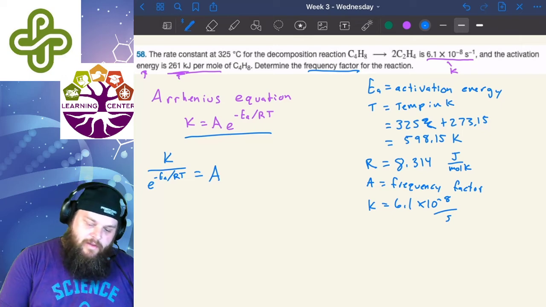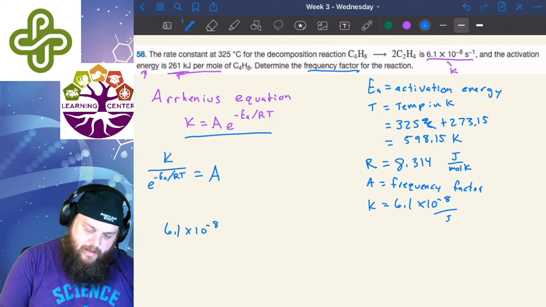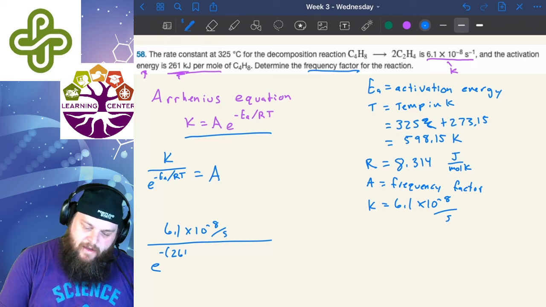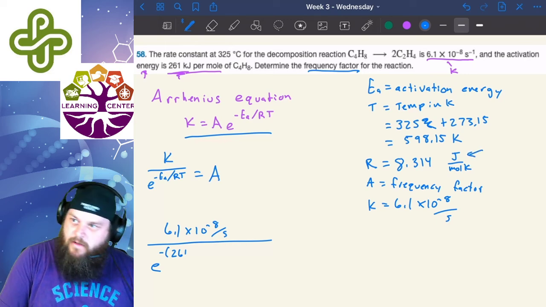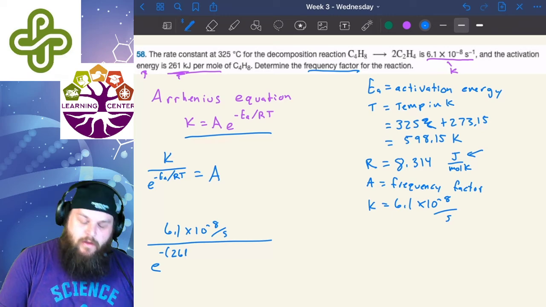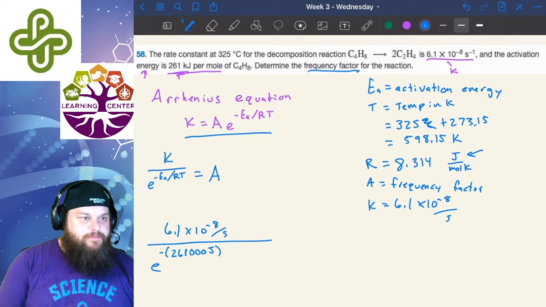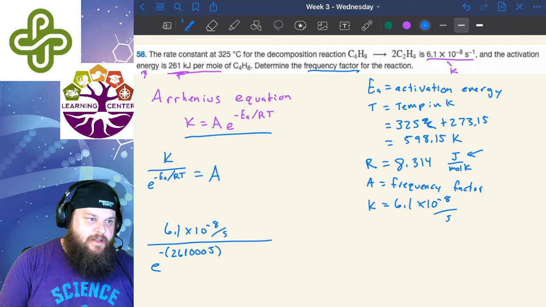So plugging all these values in, that's 6.1 times 10 to the negative 8 per second divided by e to the power of negative. The activation energy was 261 kilojoules. Since my R value is in joules, I'm going to write this as 261,000 joules, because a kilojoule is really just 1,000 joules.